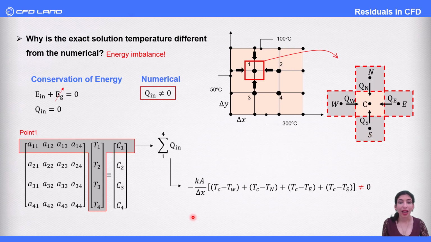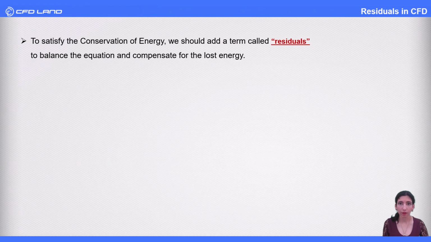So our equation will not be equal to 0. Now, but we need our equation to be equal to 0. Why? Well, we want our solution to be both physically and mathematically correct.